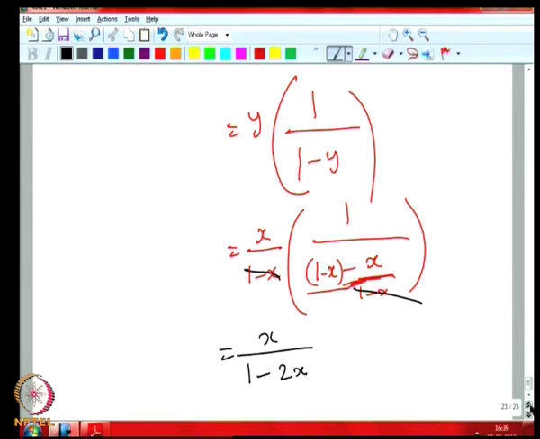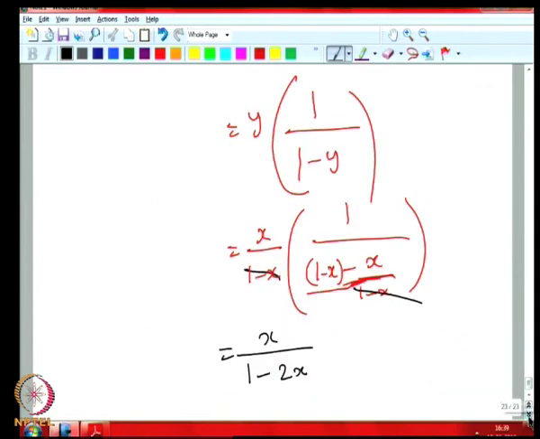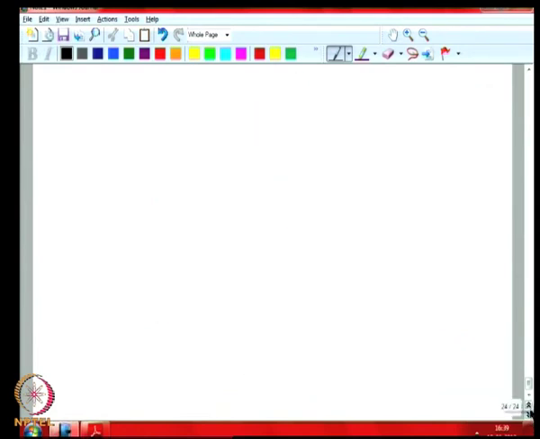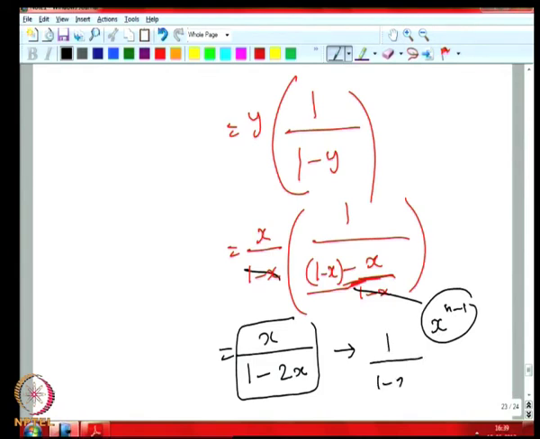Now, our answer, namely the number of compositions of n, will be equal to the coefficient of x raised to n in this, and we already know that the coefficient of x raised to n in this will correspond to the coefficient of x raised to n minus 1 in 1 by 1 minus 2x.